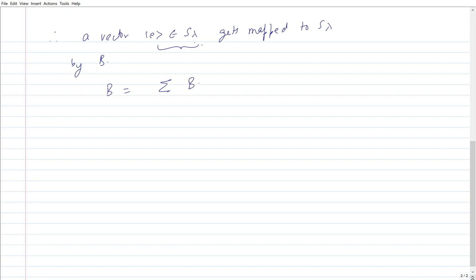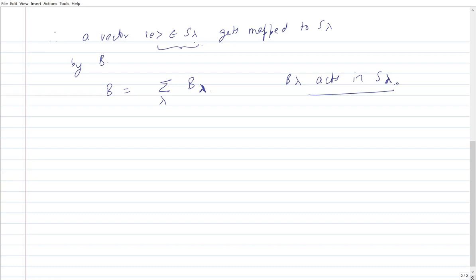Now what does it mean? It means a vector which is an element of the eigen subspace of A gets mapped back to the subspace by B. So I'll just write down B as a sum of such decompositions, where each of these B lambda acts in S lambda, the subspace.